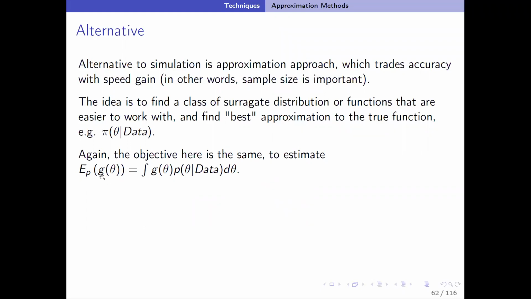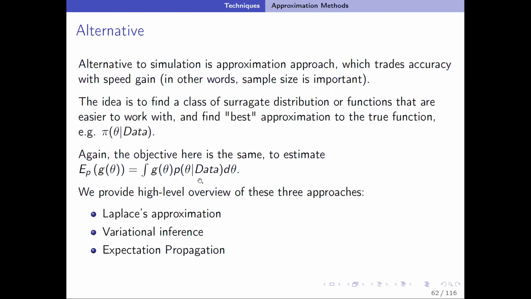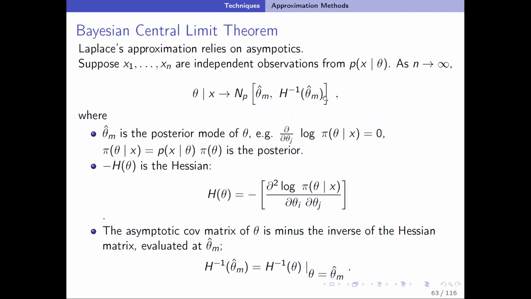This is, of course, not convenient in MCMC, but hopefully if the surrogate distribution is manageable, this piece is computable. There are three approaches: Laplace, variational, and expectation propagation. Laplace is just asymptotic. You go to the mode, compute the curvature, and use a normal approximation to approximate the posterior distribution.